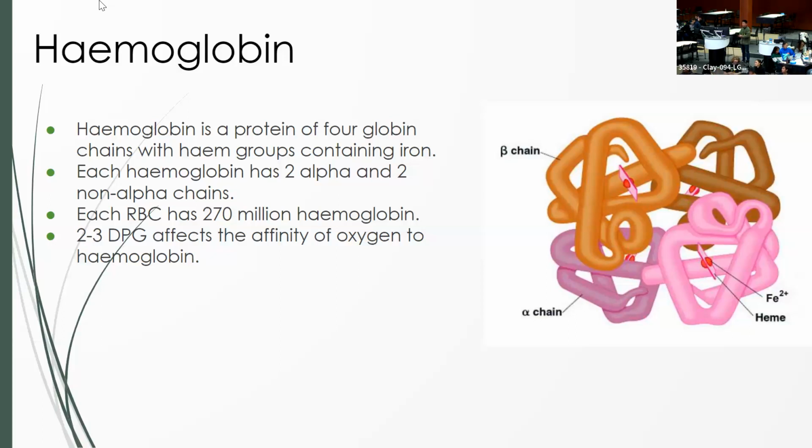The center contains the heme group, which is where the oxygen actually binds, right? Each has 2 alpha, 2 non-alpha. And there's a lot, like 270 million on each red blood cell. The next part is the 2,3-DPG, which I'm going to talk about in a second, but just know that's what hemoglobin looks like.